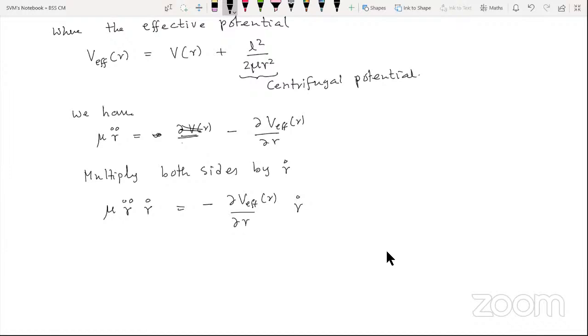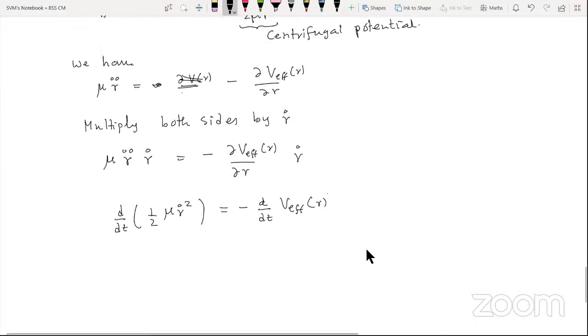The left hand side I'm going to write as d by dt of half mu R dot square. When I take this derivative, it is 2 R dot R double dot, the 2 will cancel, so I will get this. And the right hand side is basically minus d by dt of V effective of R. It is V effective of R and R depends on t, so by the chain rule, this is what you will get.